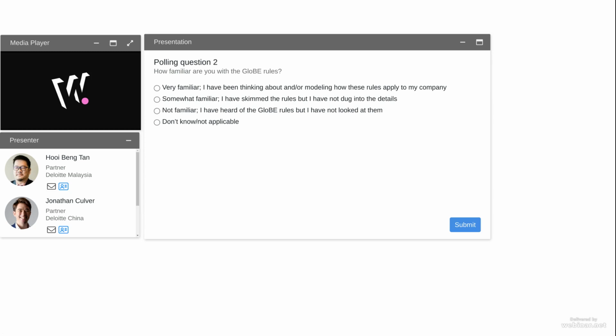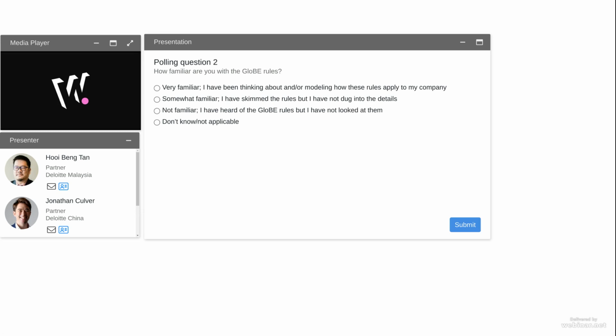In terms of CFC rules to counter a QDMTT, that's quite an interesting question, and I think it's definitely a lot less obvious a path for a jurisdiction to take than implementing a QDMTT.